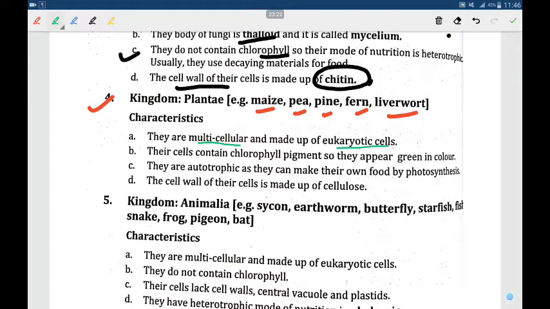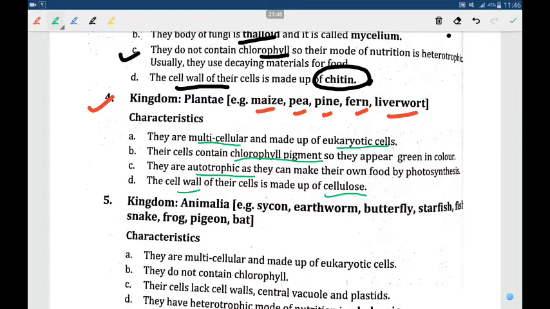They contain chlorophyll. They are autotrophs. They can manufacture their food themselves, and their cell wall is made up of cellulose. Fungi, cell wall is made up of chitin, but cell wall of kingdom plantae is made up of cellulose.